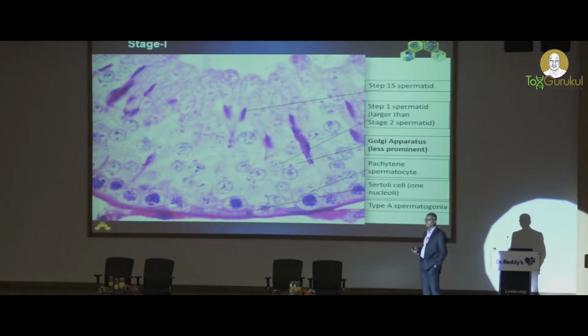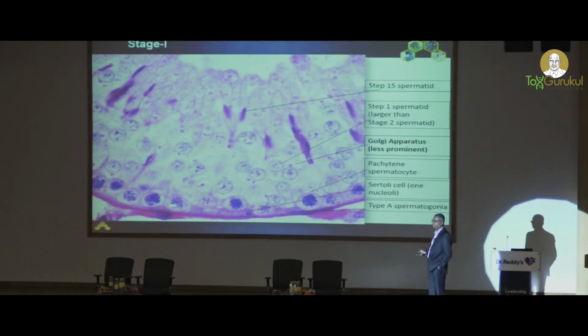The characteristic of the step 1 spermatid is that you only see a less prominent Golgi apparatus. You can appreciate that here, and the step 15 spermatids from the previous cycle are present as well.